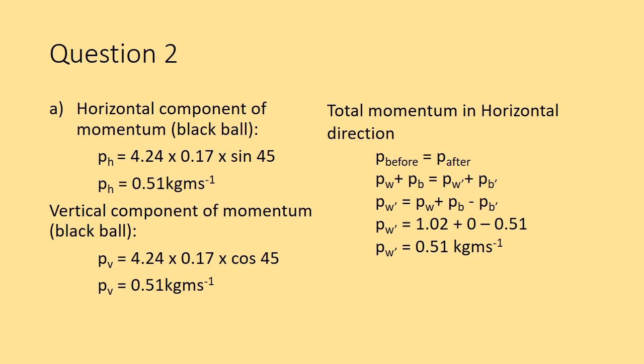If you add that to 0, because the black ball isn't moving, and then you take away the momentum of the black ball after the collision, you find that 1.02 plus 0 minus 0.51 gives 0.51 kilograms meters per second. That's perhaps not very surprising, as it's exactly the same as the black ball, and that's what we expect. We expect the momentum of both balls to be exactly the same, or very similar.